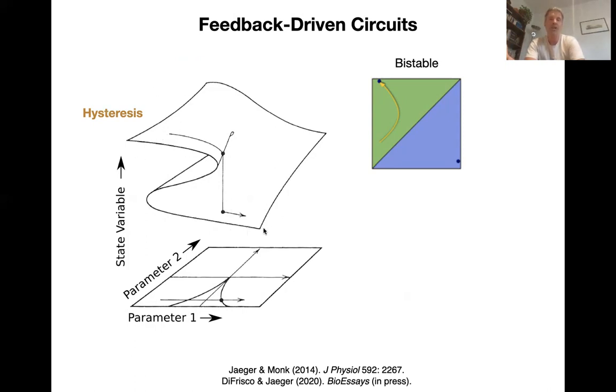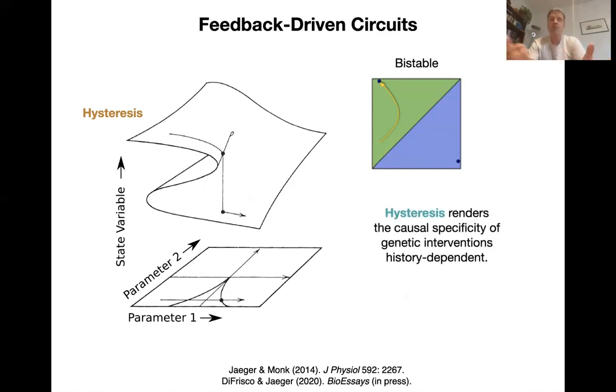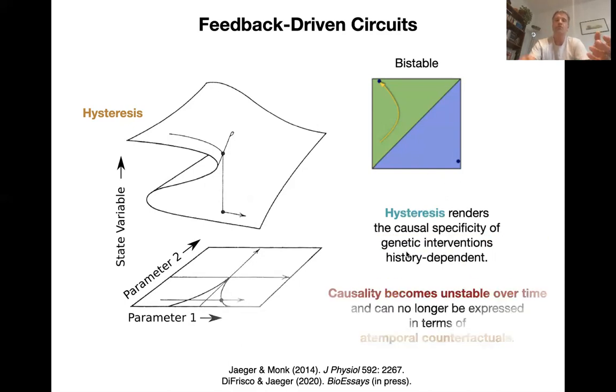So when you're here at the front of the fold and you have hysteresis and truly bistable behavior, it's much harder to change the system from one attractor to the other than if you have this smooth behavior in the back here. So basically, hysteresis renders the causal specificity of genetic interventions history dependent. It depends on whether you've already arrived at the stable state or not, and you've already settled into a hysteretic situation or not.